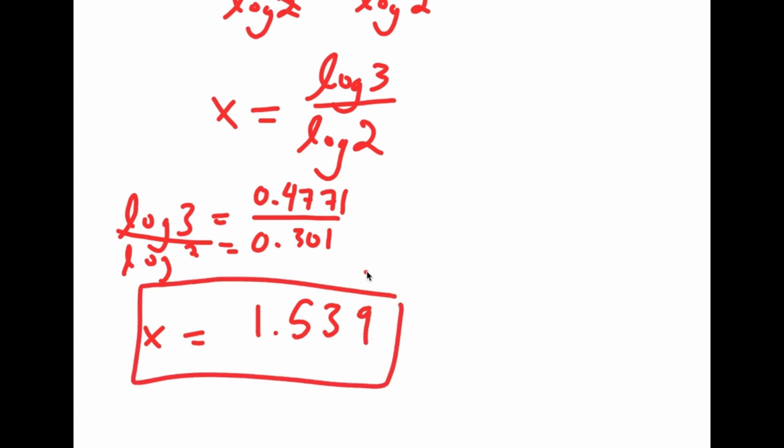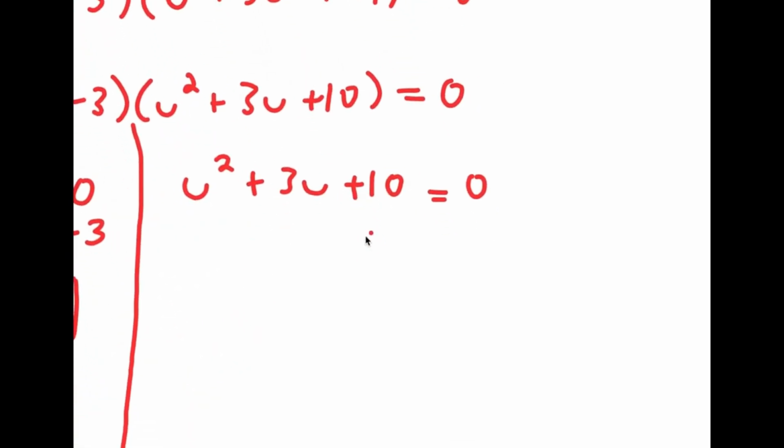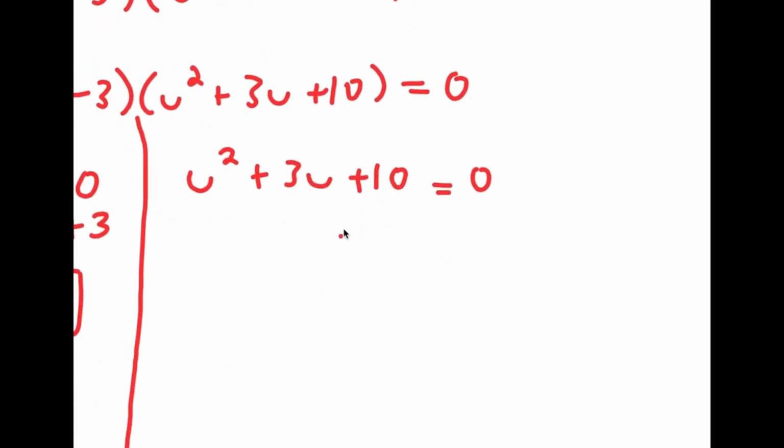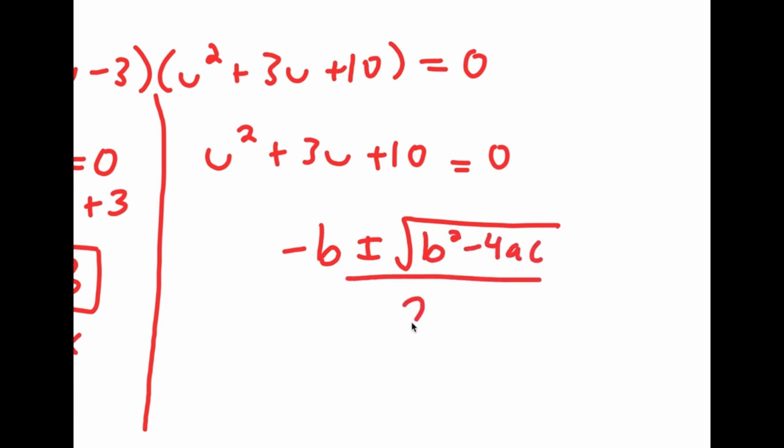Now, going back over here, we have u squared plus 3u plus 10 equals 0. And let's use the quadratic formula to solve this. So the quadratic formula is negative b plus or minus the square root of b squared minus 4ac all over 2a. So in this case, a is 1, b is 3, and c is 10.